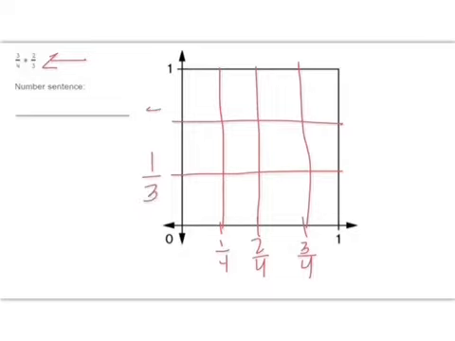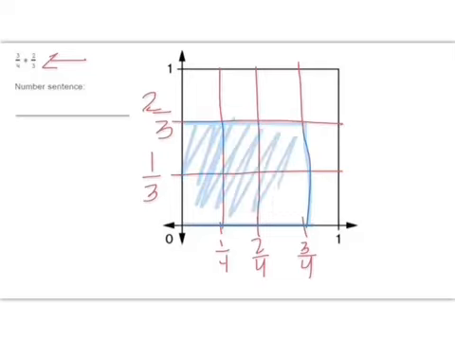1/3, 2/3. Okay, and we're looking for a box that is 3/4 wide, 2/3 tall. I'm going to shade all that in. So when we write our number sentence, we have to write the whole thing.